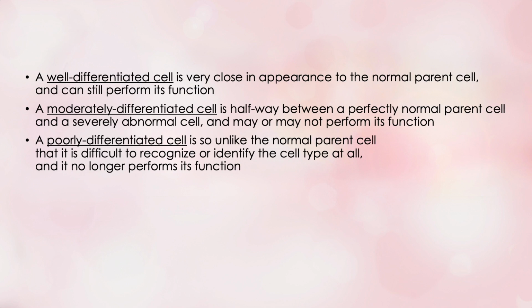A moderately differentiated cell is halfway between a perfectly normal parent cell and a severely abnormal cell, and it may or may not perform its function. A poorly differentiated cell is so unlike the normal parent cell that it is difficult to recognize or identify the cell type at all, and it no longer performs its functions. Another name for a poorly differentiated cell is anaplastic cell.